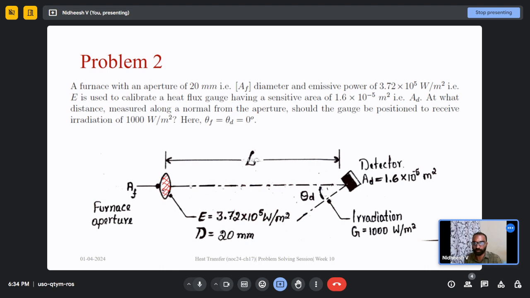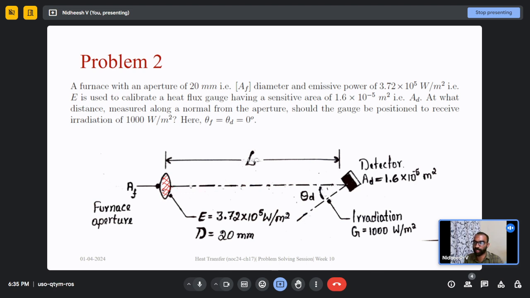Now we have a detector, in this case a heat flux gauge, and it has an area of 1.6 into 10 power minus 5 meter square. It is at a distance of L from this furnace. The furnace is the thermal radiation source, and the detector is the radiation receiver. Both of them are positioned at a distance of L, and they will have some angle, just like we found earlier.